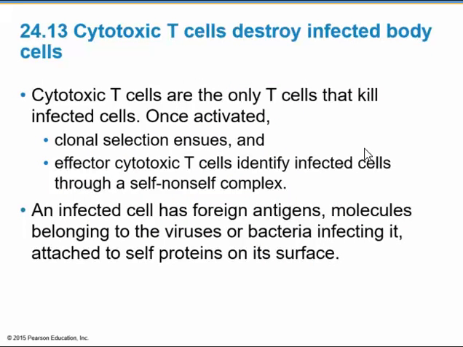Cytotoxic T cells are the only T cells that kill infected cells. Once they're activated, they duplicate themselves, and they identify infected cells through a self-non-self complex. Well, an infected cell will have foreign antigens attached to its self proteins.